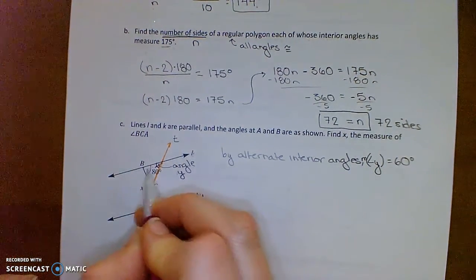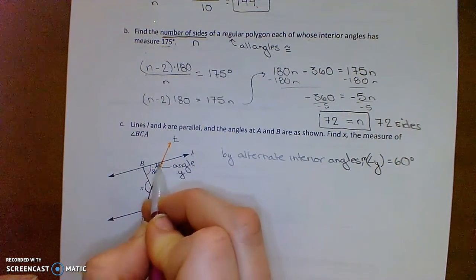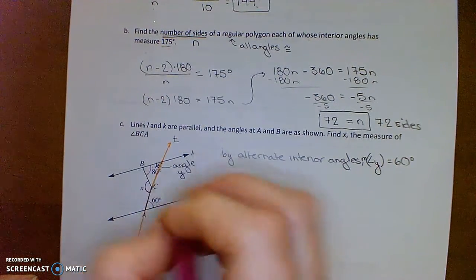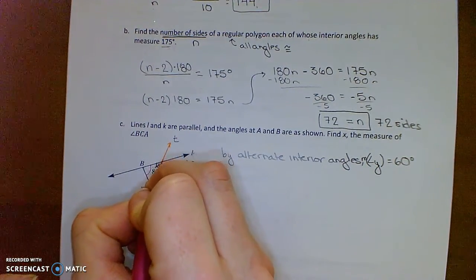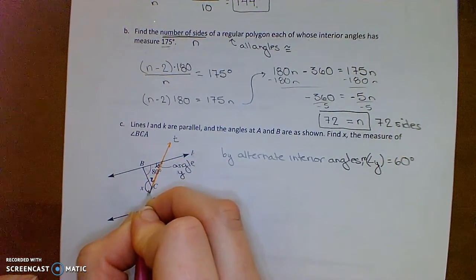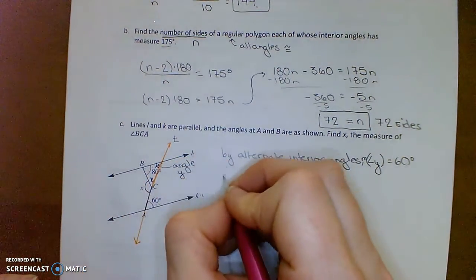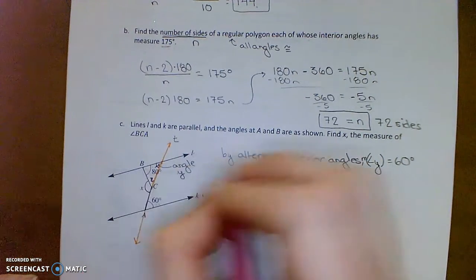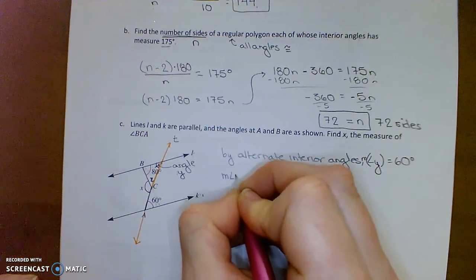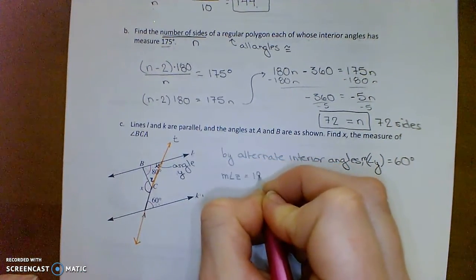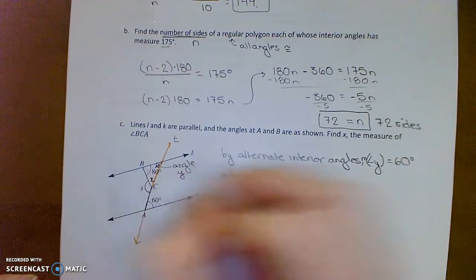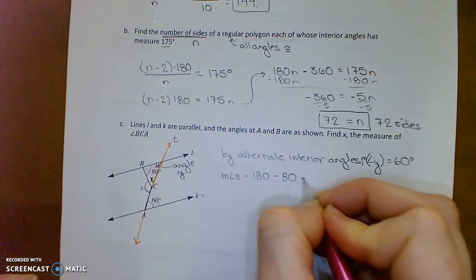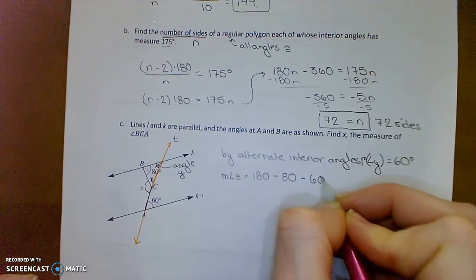All right, also, these three angles add up to 180 degrees. So I'll label this one angle Z, the one that's adjacent to X here. So I know that the measure of angle Z has to be 180 minus that 80-degree angle minus that 60-degree angle.